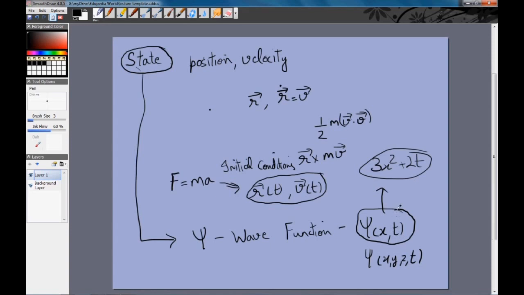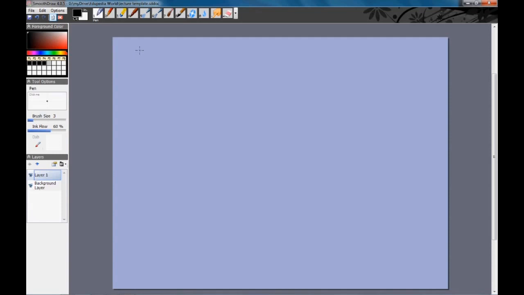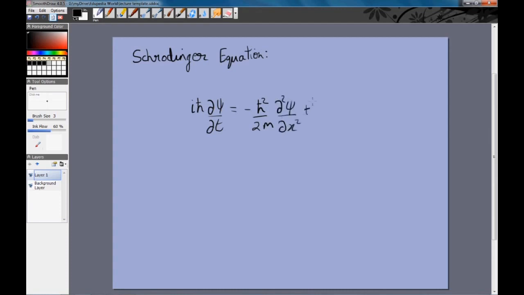Now how do we find psi of x comma t? We have to solve what is called the Schrodinger equation. And the Schrodinger equation is given by i h del psi by del t is equal to minus h square by 2m del square psi by del x squared plus V of x times psi.